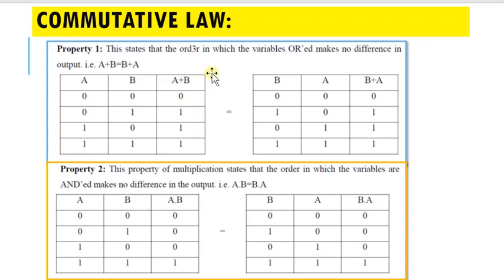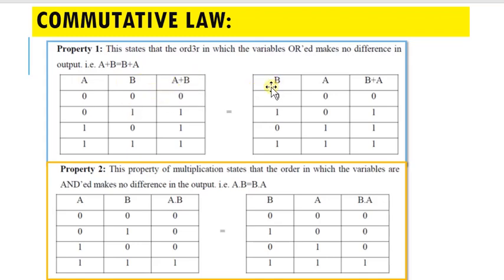Now coming to the properties of commutative law. This states that the order in which the variables are ORed makes no difference in the output. Here we have considered two variables, that is a and b. So a plus b is equal to b plus a. What we have done is we have taken a and b and performed the a plus b operation.